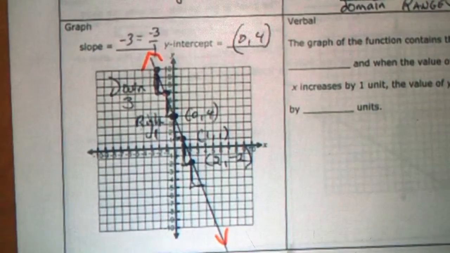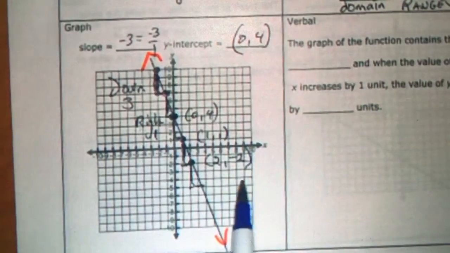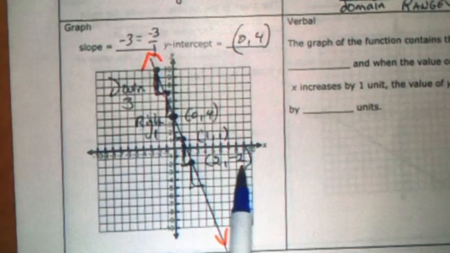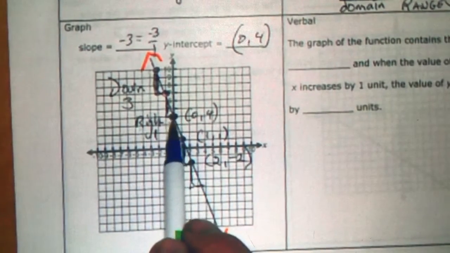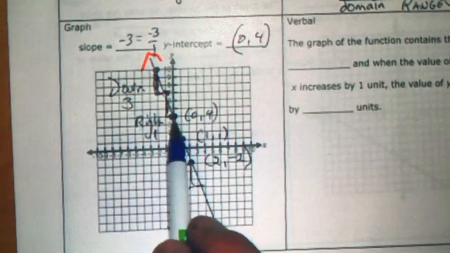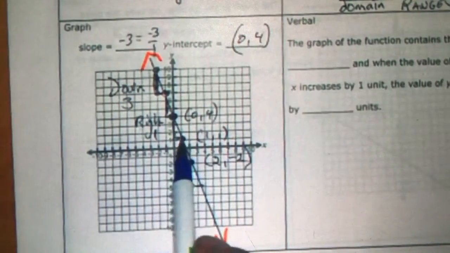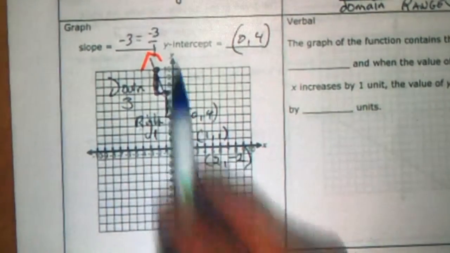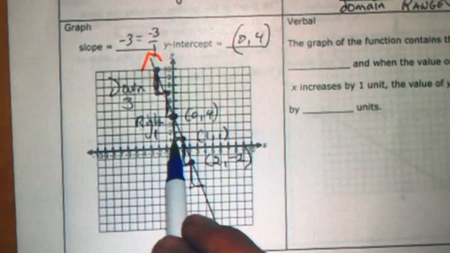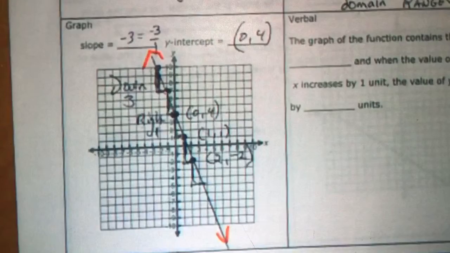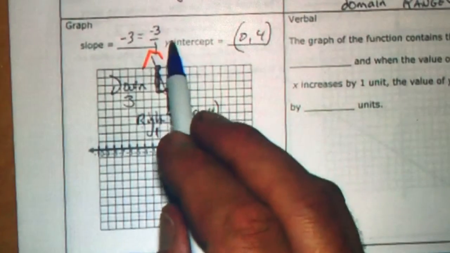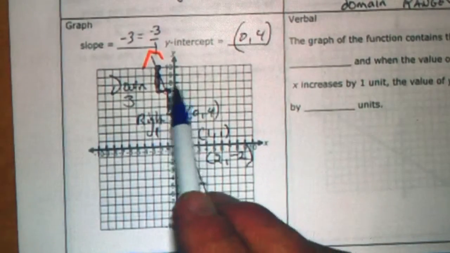So if you're asked to take something from an equation to a graph, and you don't have a table, you're going to have to start with one point, in this case the y-intercept, and then use the slope information to get to the second point. In this case, it says minus 3 over 1, so it will be down 3, right 1. If you have positive 3 over 1, it would be up 3 to the right 1.